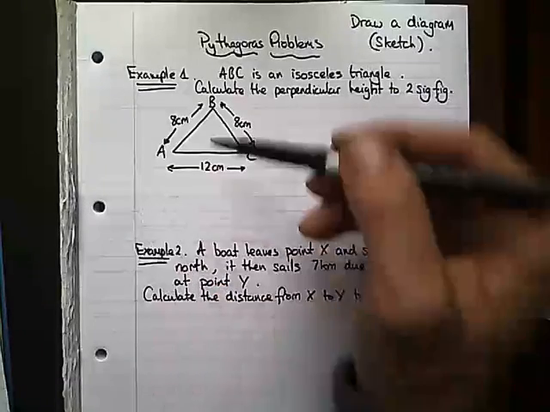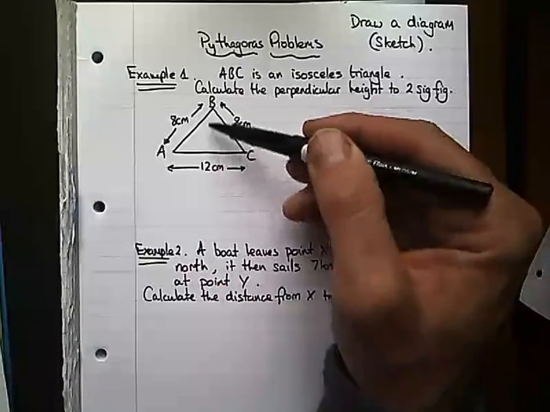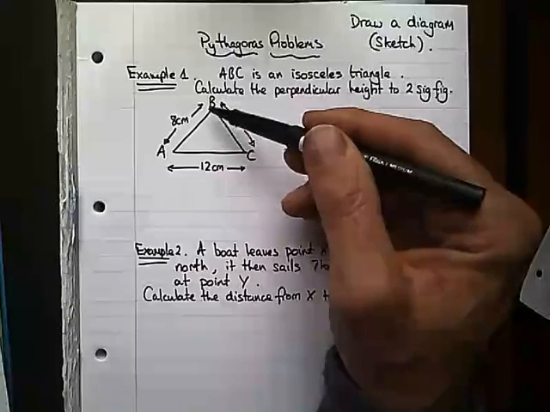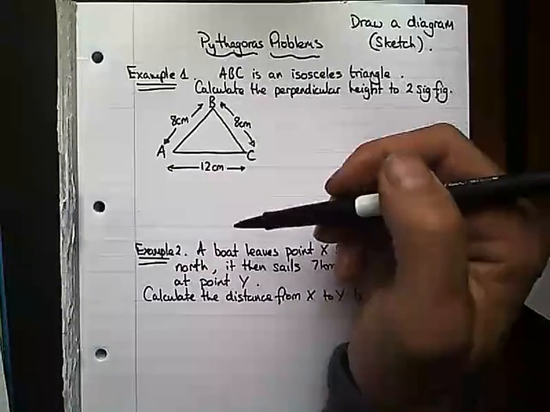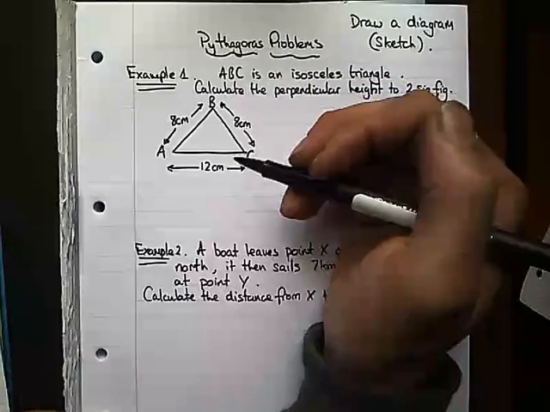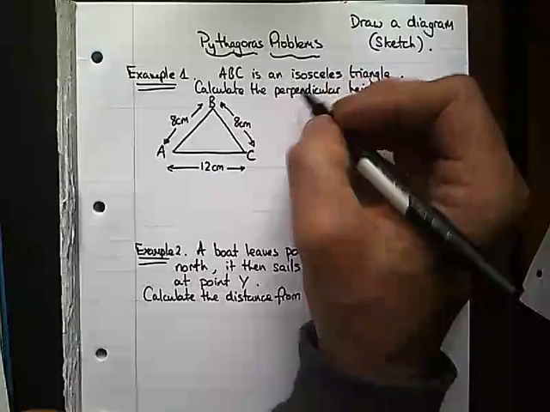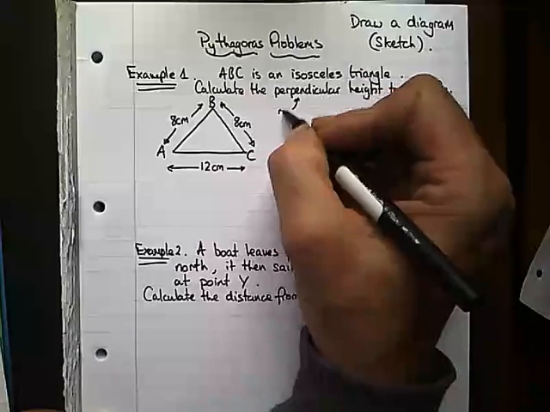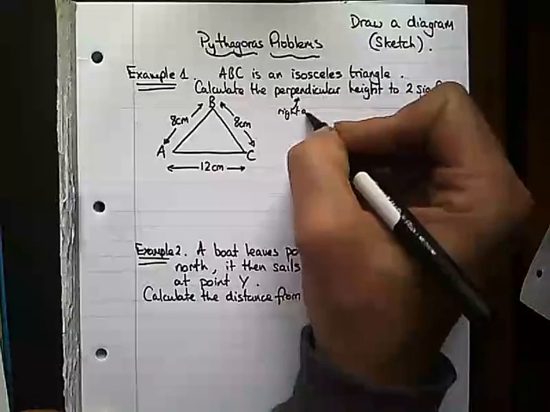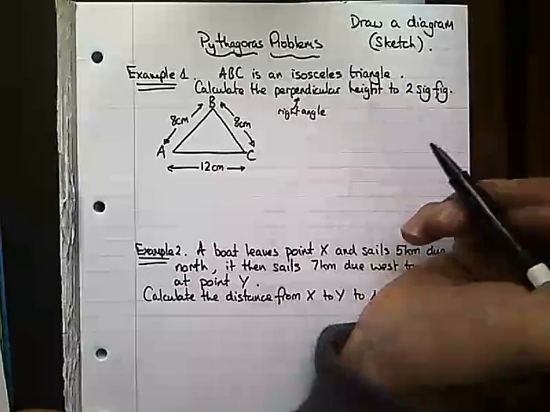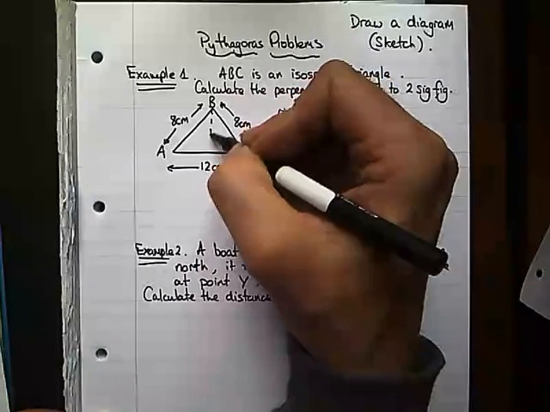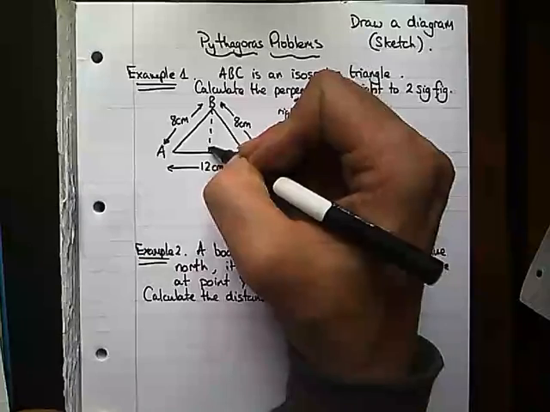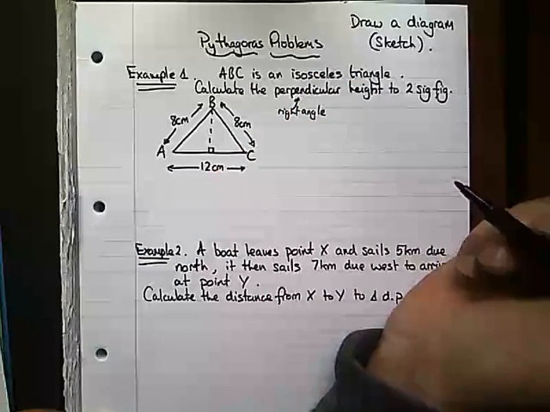So the height of this triangle is going to be the distance from B all the way down to the line AC. So what you can do is, perpendicular means at right angles. Okay, so perpendicular, that's going to be a line coming down that's going to make a right angle with the line at the bottom, and I'll draw a little square in there.